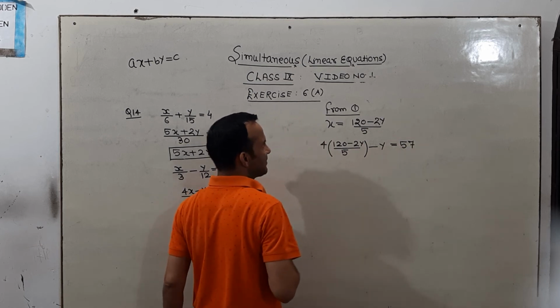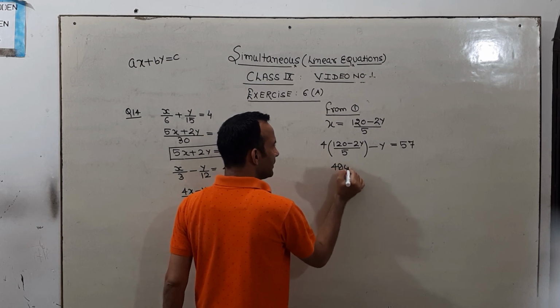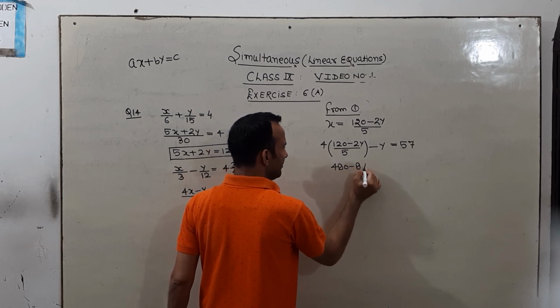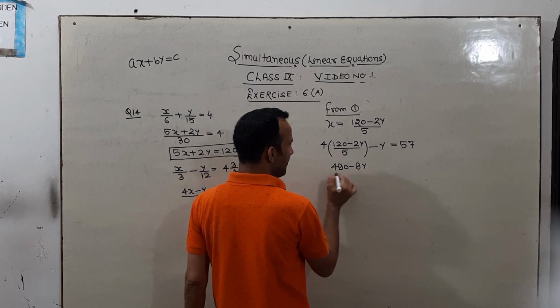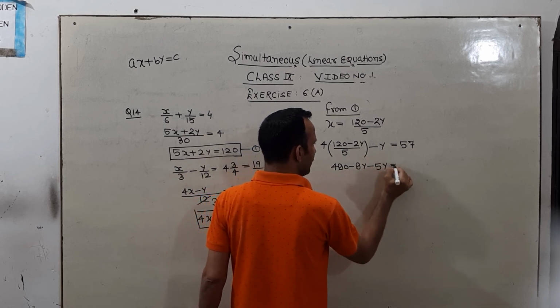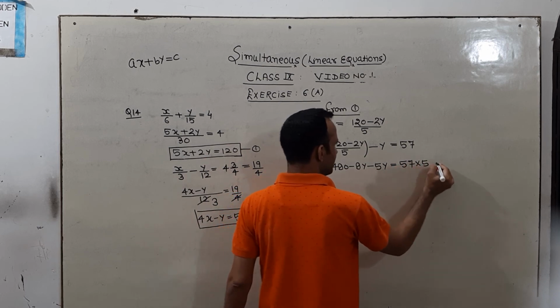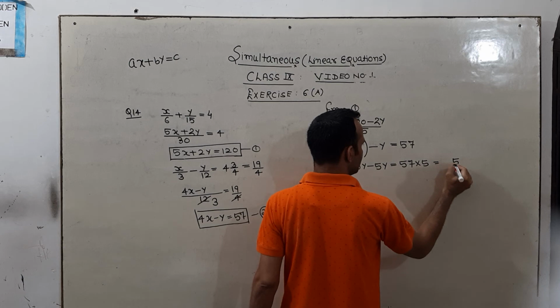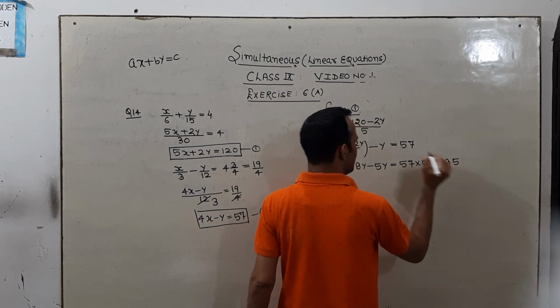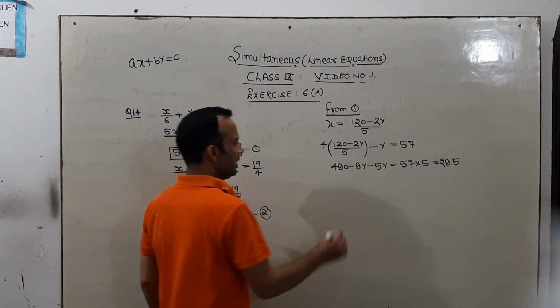Now simplify this expression. This is 480 minus 8y upon 5 by taking LCM minus 5y. 57 multiplied with 5. This will become 285. Okay?